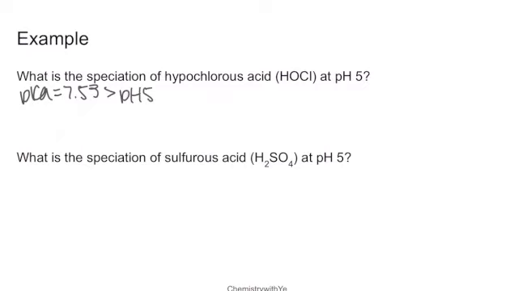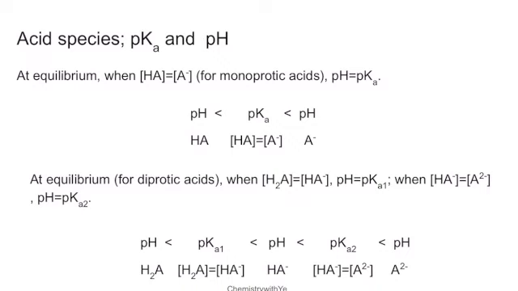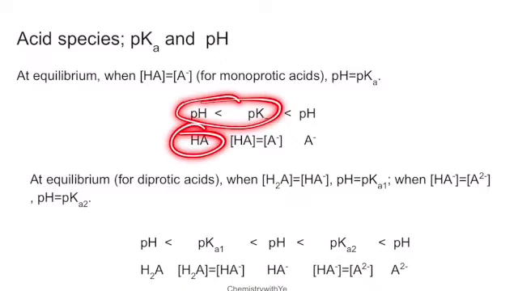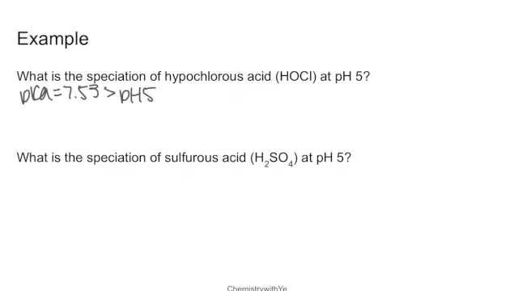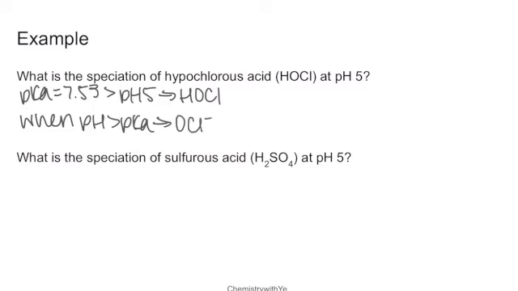And going back to the previous 2 slides, we can see that when the pH is less than the pKa, it's in its most protonated form. But when the pH is greater than the pKa, it loses a proton, so it'll just be OCl minus.